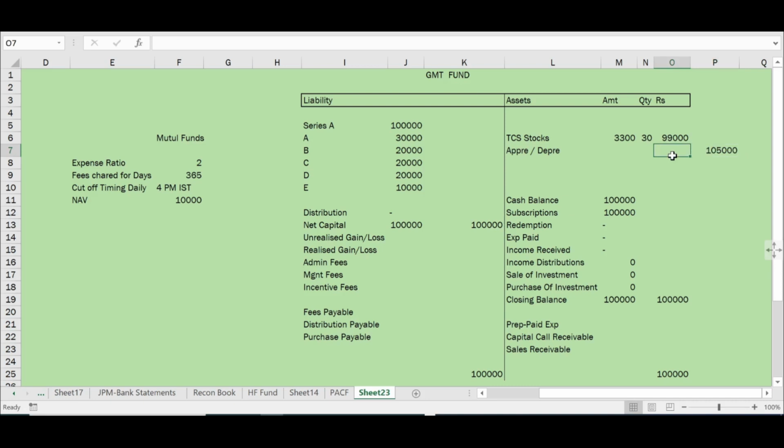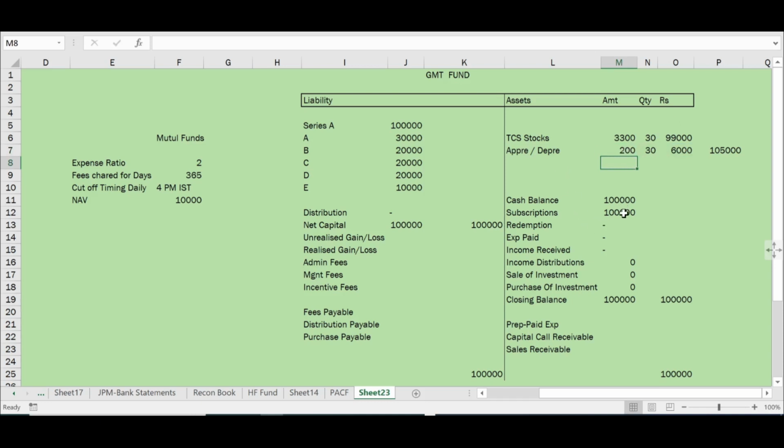Total gain on your investment, 1 lakh 5,000 minus 99,000, would be around 6,000. Total quantities we have is 30, and per quantity value gain, that you can say appreciation, is 200 rupees.